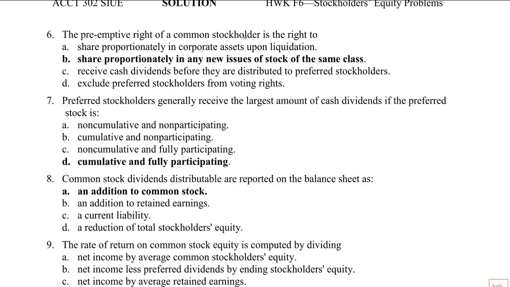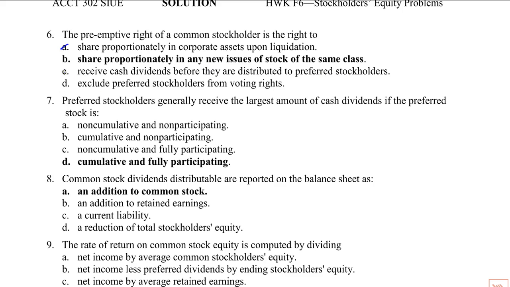Okay, the preemptive right of a common stockholder is the right to. One of the things I suggest on multiple choice questions is think of it as 4 true false questions. The preemptive right of a common stockholder is the right to share proportionally in corporate assets upon liquidation. Well, you recognize this one as liquidation, your right in liquidation. Receive cash dividends before they are distributed to preferred stockholders.